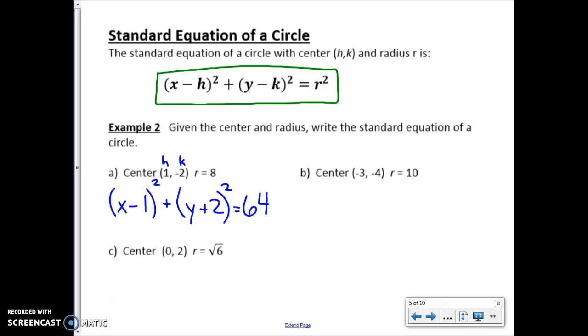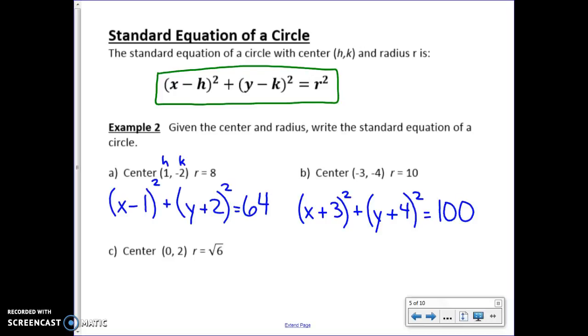All right, for the next one, I have x minus a negative 3 or plus 3 quantity squared, and then I have y minus a negative 4 or plus 4 quantity squared, and then I have equals 10 squared or 100.